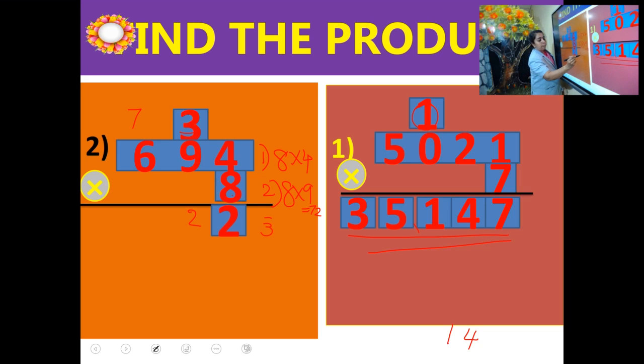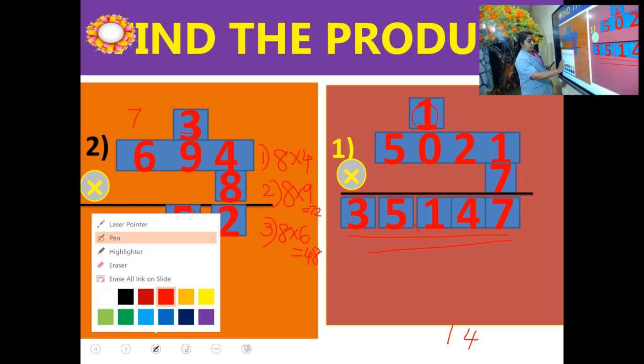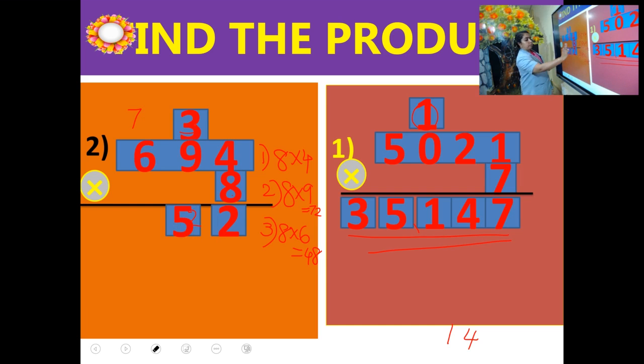Then what's the third step? 8 6s are 48. Where do you write 48? 8 in the hundreds place.